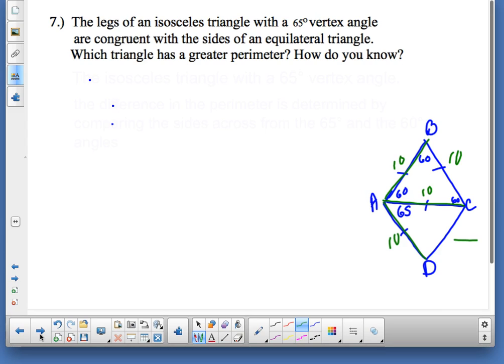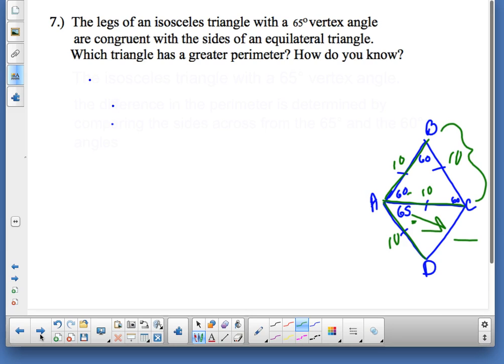So really I'm wondering if this is something that's fixed, and this is 60 and this is 65, which one's bigger? The one across from 60 or the one across from 65? According to the hinge theorem, this should be bigger because it's a bigger angle.